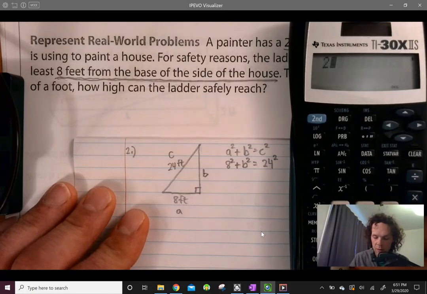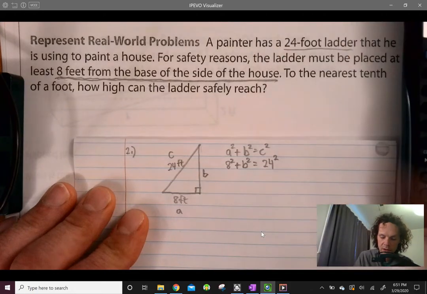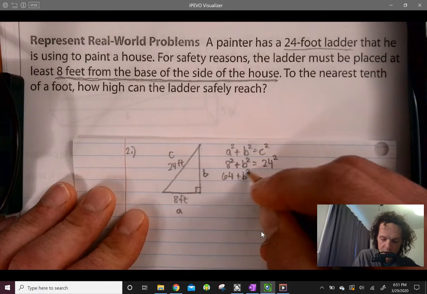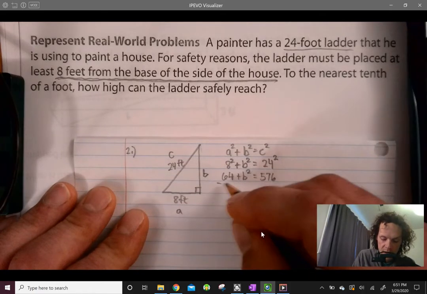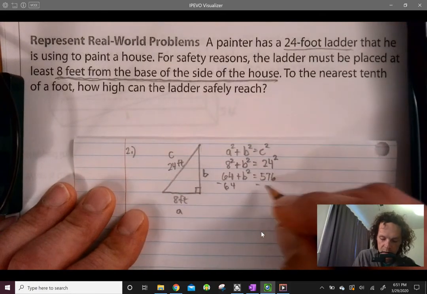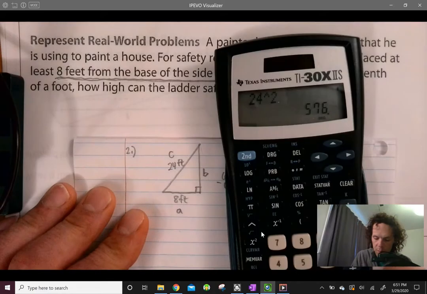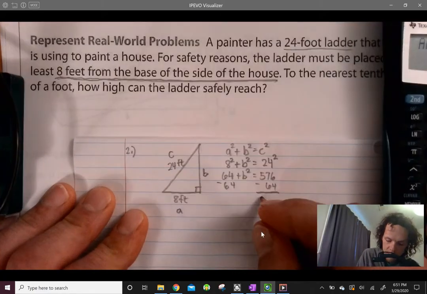And 24 to the second power equals 576. So 64 plus b squared equals 576. And I subtract 64 on both sides. So 576 minus 64 equals 512.